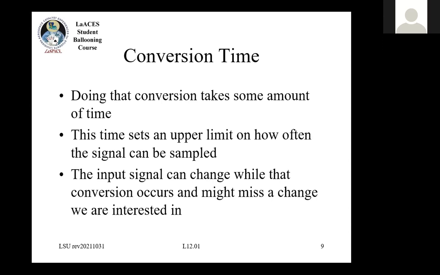So if I'm looking at a voltage signal that's going to take 5 or 10 seconds to change by a reasonable amount, well then my ADC, which is probably going to be at the very slowest on the order of milliseconds, I'll be fine.